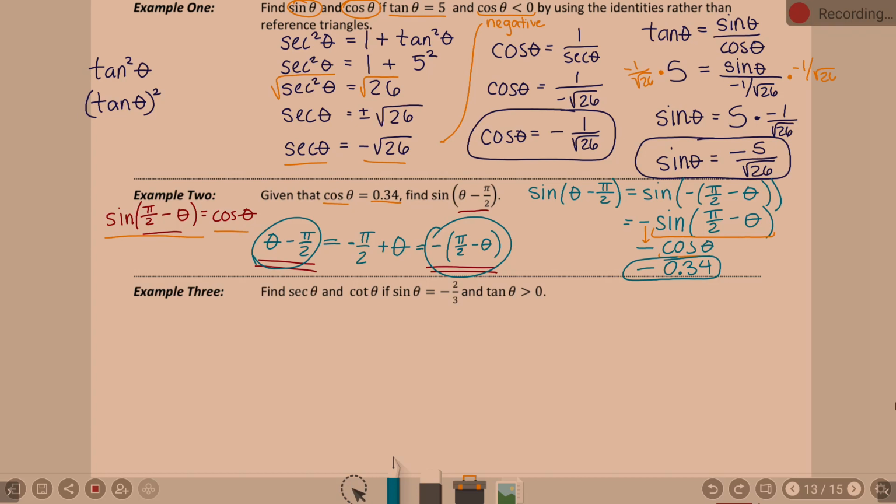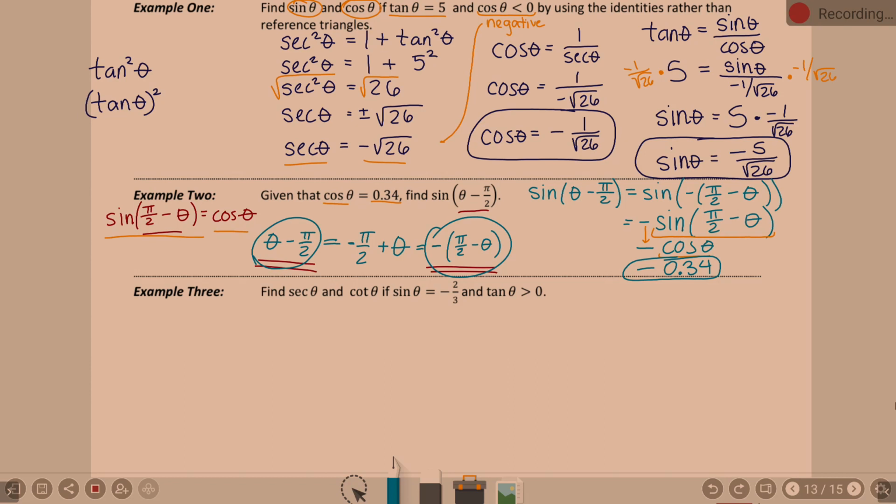Since sine of pi over 2 minus theta is equal to cosine, then sine of theta minus pi over 2 was the negative cosine. Okay? It's learning how to use the identities. I think we see at least one like this in homework. Okay? Look for when you see something with a pi over 2 minus theta or theta minus pi over 2. Think cofunction identities and try and make it work. Okay.